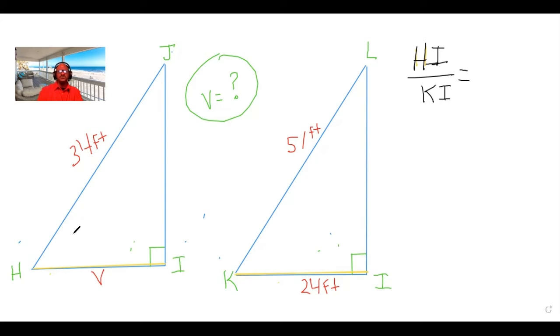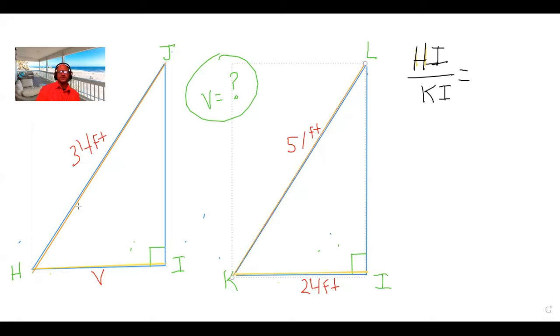And then we could also say HJ, which is right here, HJ. Can anybody tell me what this corresponds to, HJ? Yes, KL.